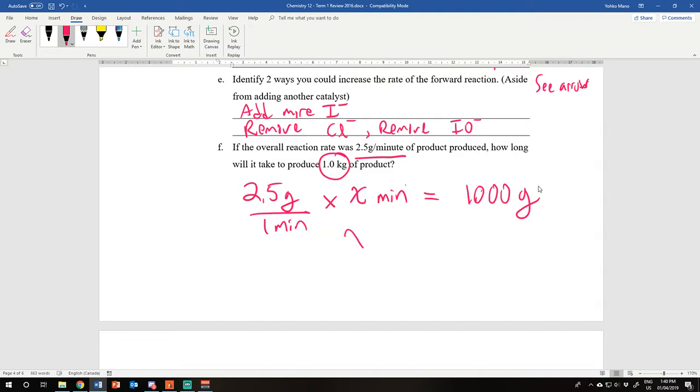So the number of minutes will be 1,000 grams divided by 2.5 grams per minute.